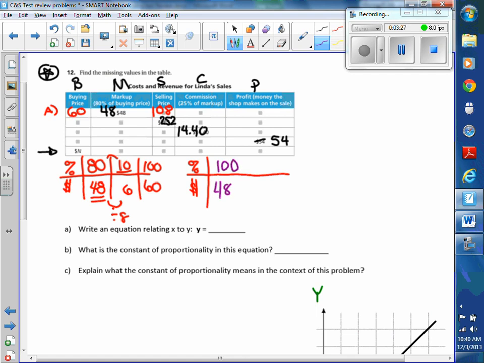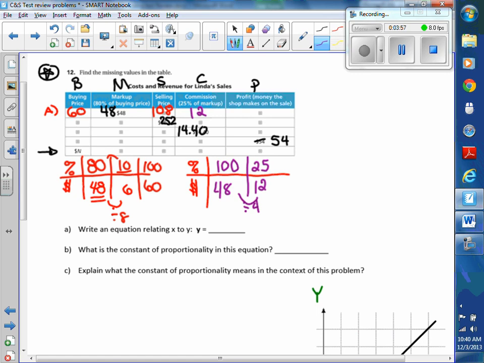Does that make sense? So now I'm looking at the 48 in a different way. I'm not comparing the 48 to the buying price. I'm starting with the 48 as the whole markup. And the commission's 25% of that, so when you do 25%, you just divide by 4. And that's $12, 48 divided by 4. So you know that you have a $12 commission.